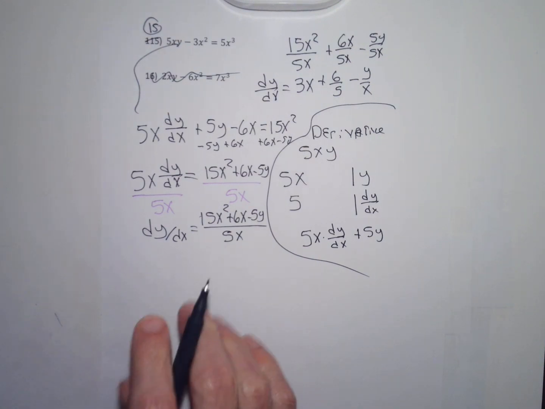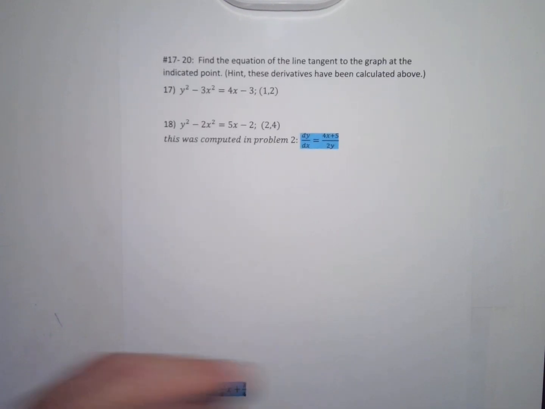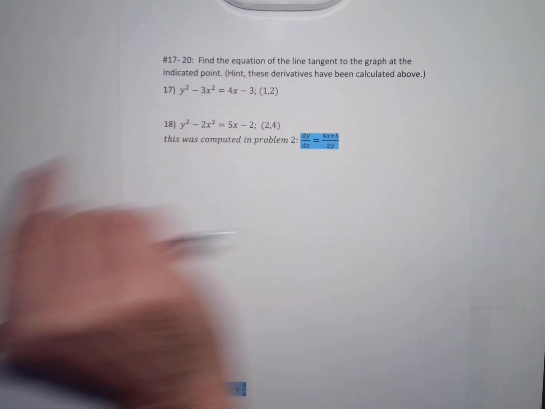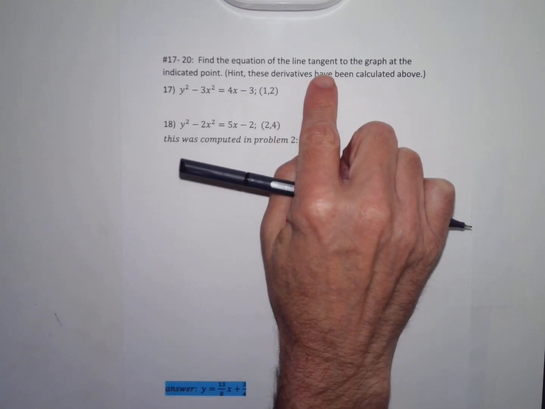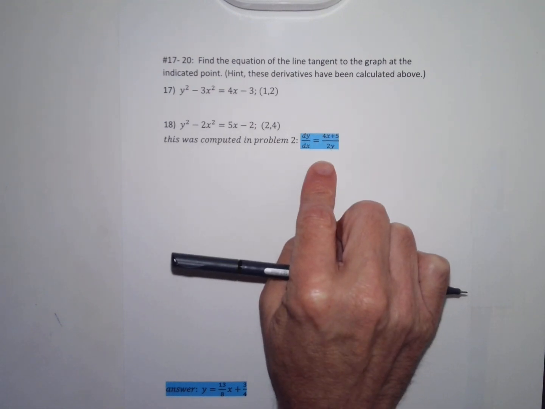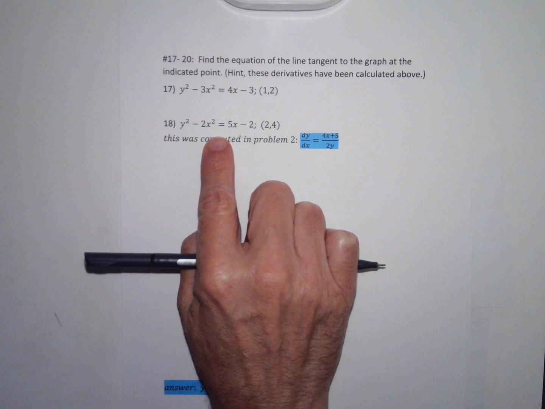So we have a couple of crazy problems right now where I ask you to find an equation of a line. And I use a derivative that we've done earlier. So in problems 17, 18, 19, 20, I'm supposed to find the equation of a tangent line at a point. And I've already calculated the derivative, and we did this derivative when I did problem 2.